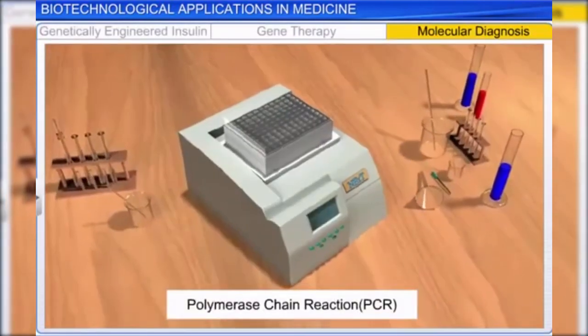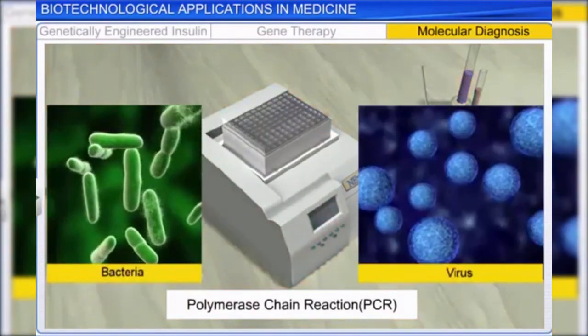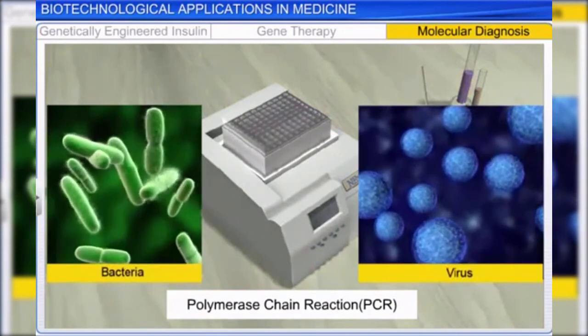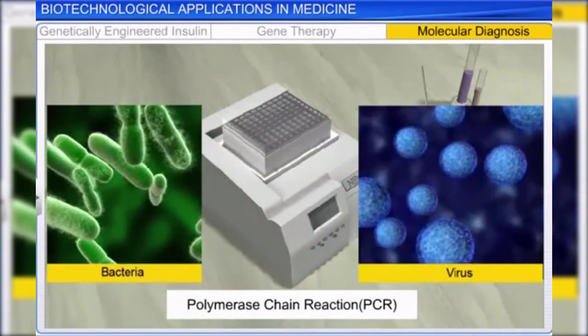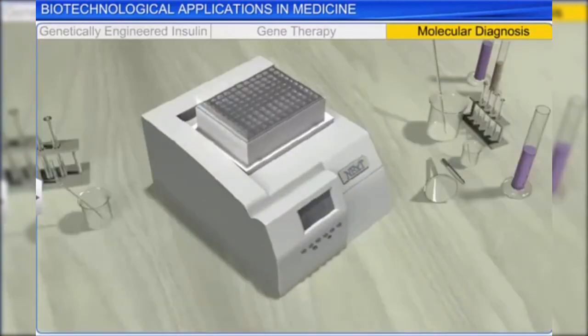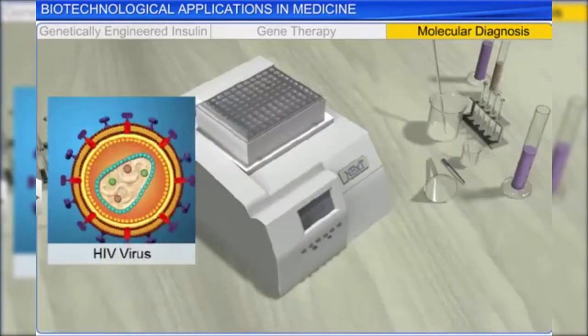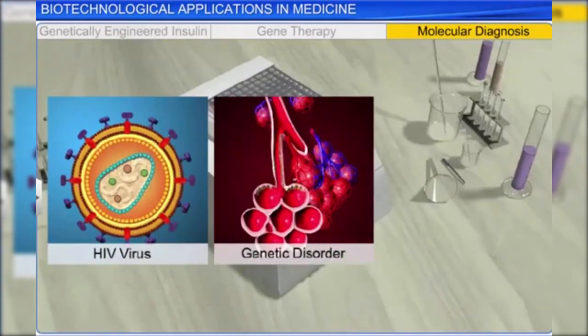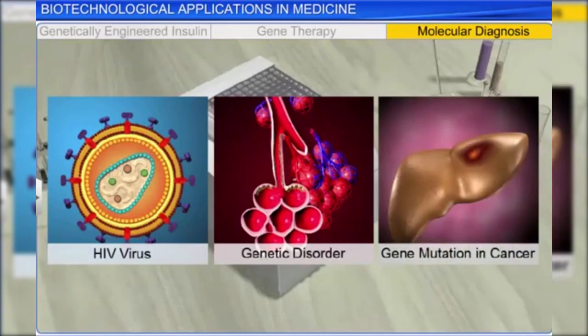PCR can detect a bacteria or virus even when its concentration is quite low in the body by amplifying their nucleic acid. It is commonly used these days to detect HIV in suspected AIDS patients, genetic disorders, and gene mutations in suspected cancer patients.